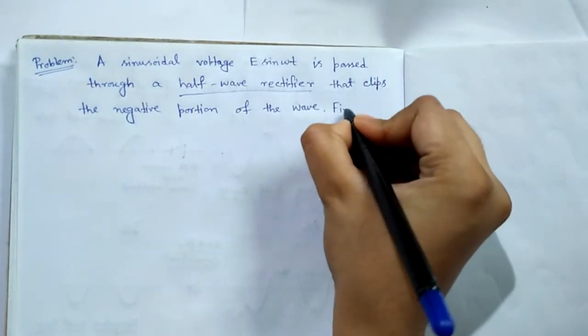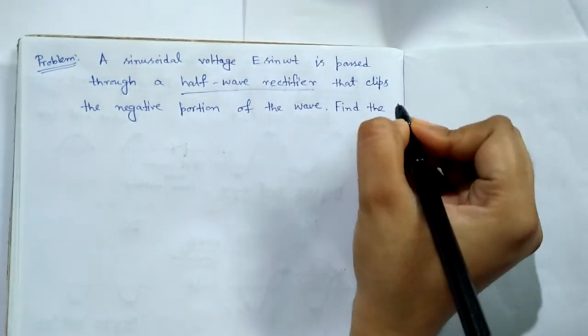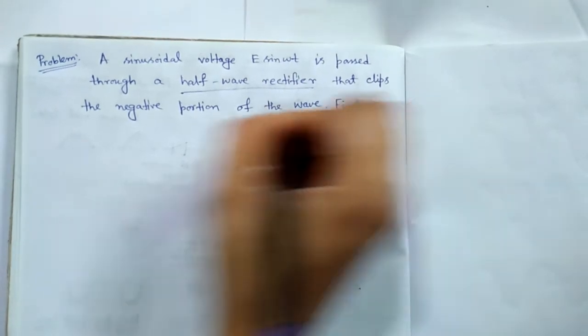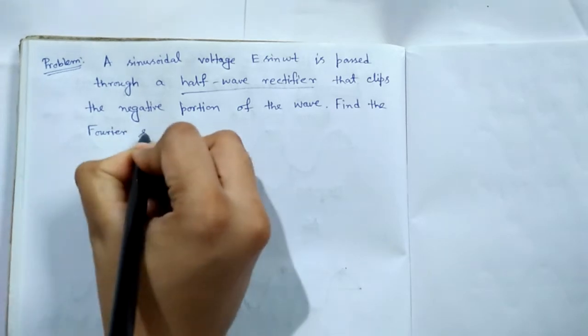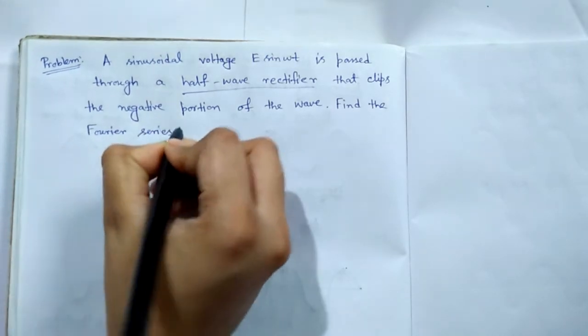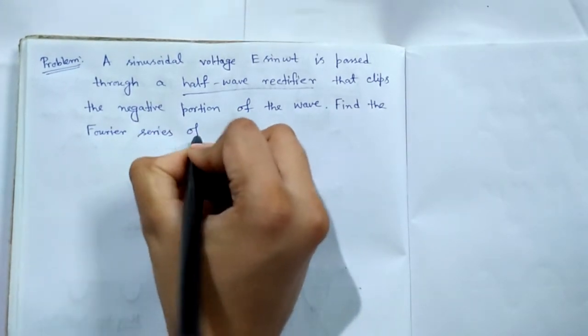Next, find the Fourier series of the resultant periodic function.